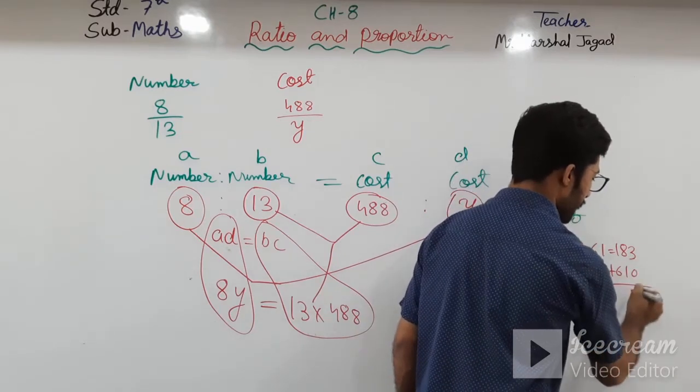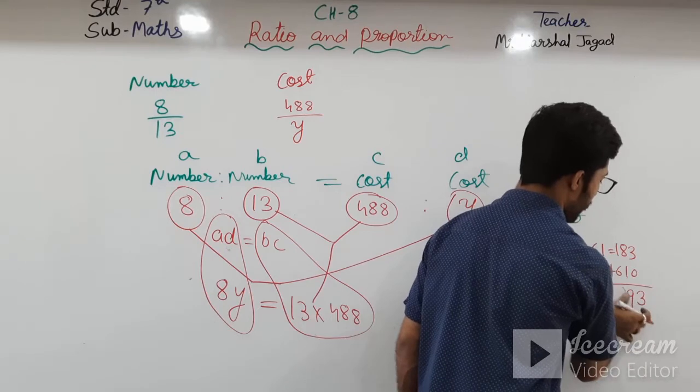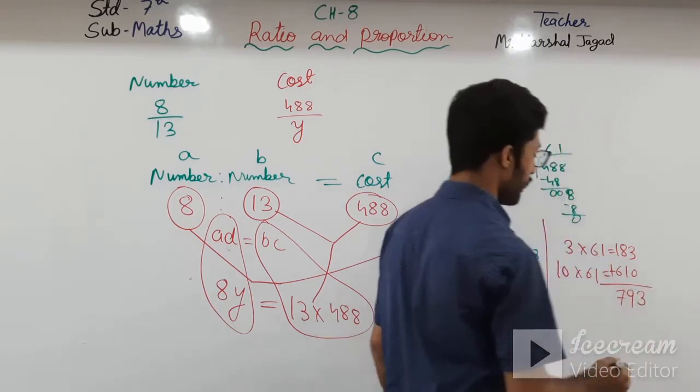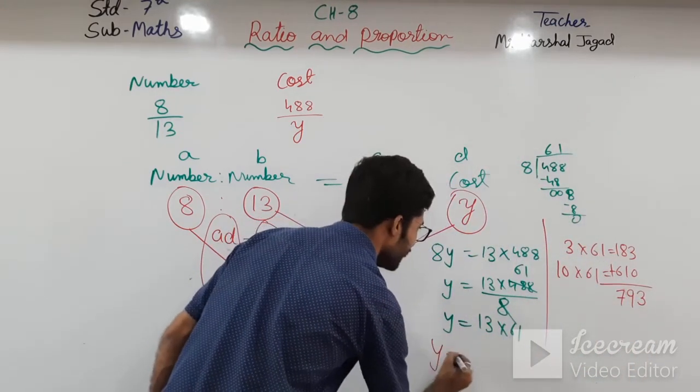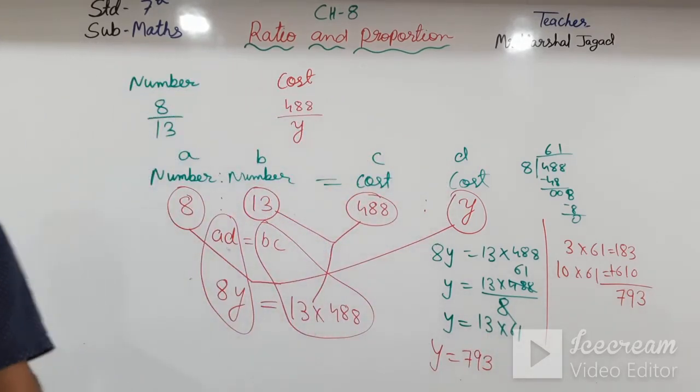Here 3, here 8 plus 1 is 9, 6 plus 1 is 7. So y is equal to 793. The cost of 13 copies is 793. Okay students, please note down this.